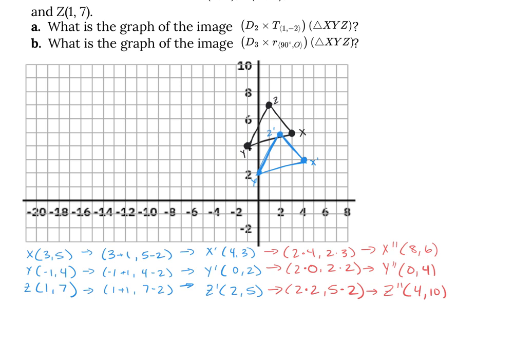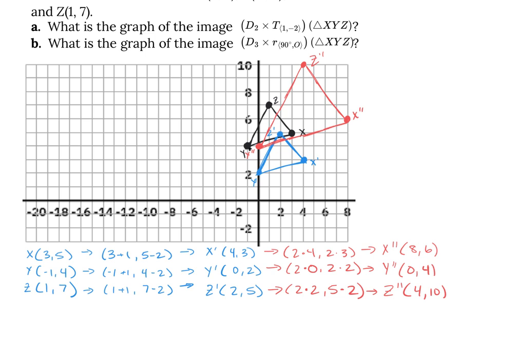Okay, I can graph that. 8, 6. 0, 4. Right, so that is what my final transformation would look like.